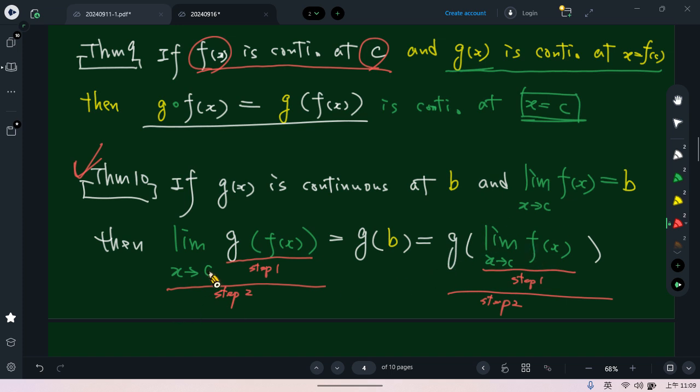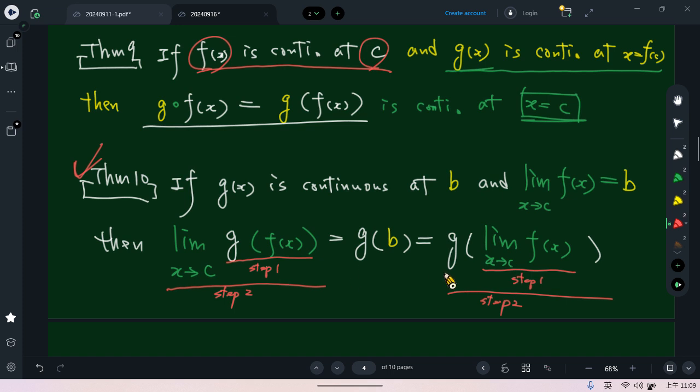But for the other one, the first step is taking the composition of g of x and f of x. Then we take the limit. This is take the limit first, then take the function value later.